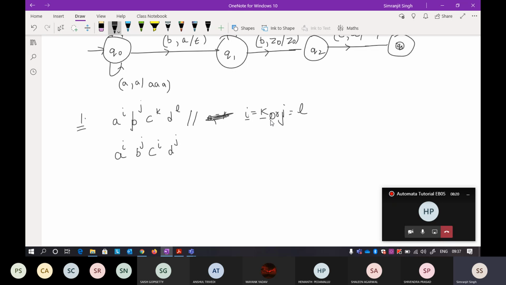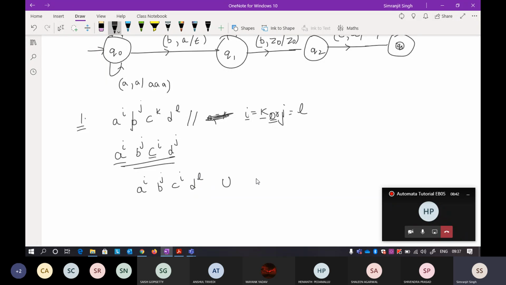But because there is an OR here, to write it more clearly, first I will consider these two as equal, so it will be a raised to power i and c raised to power i, not considering j, and I will consider b and d as different.